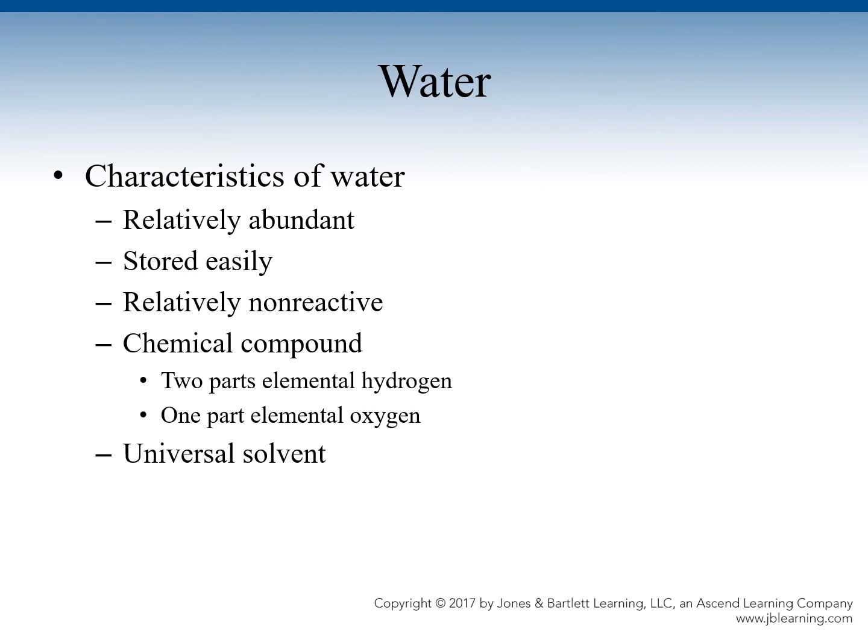Again, the characteristics of it: it is relatively abundant, it is easily stored, and it is relatively non-reactive. The chemical compound of water, as you may already know, is 2 parts of the element hydrogen and 1 part of the element oxygen. Water is also known as the universal solvent.